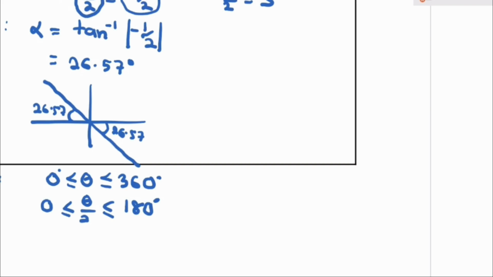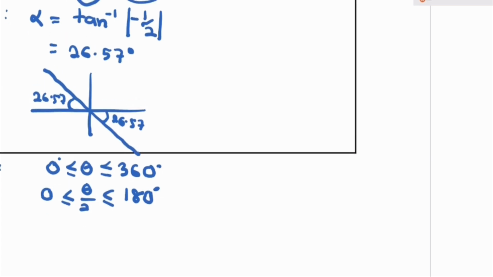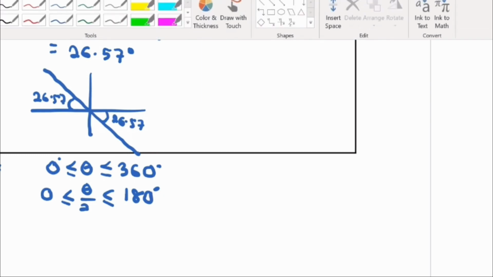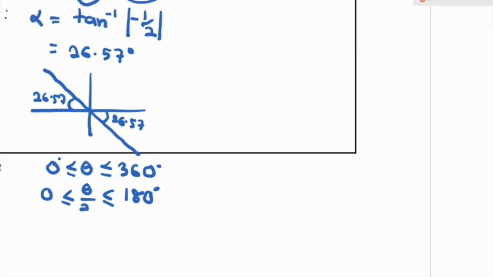And then rotation. Last, you have to rotate. You start with the first quadrant and rotate this one. So how much is it here? 180 minus 26.57.